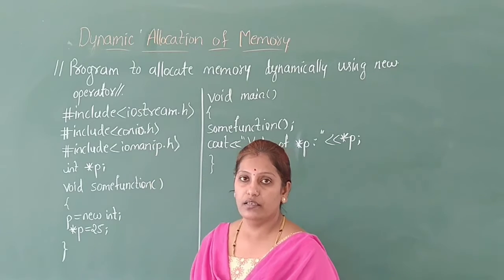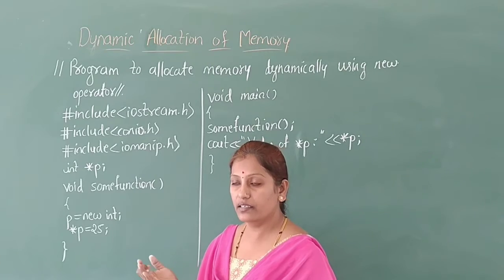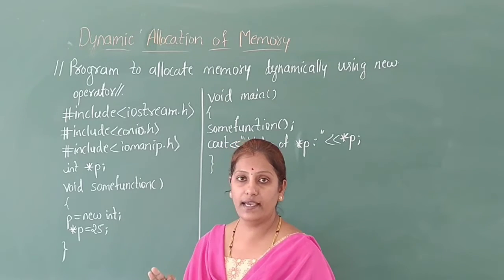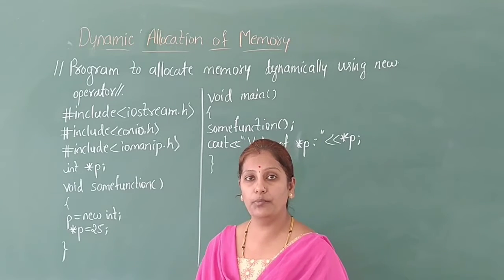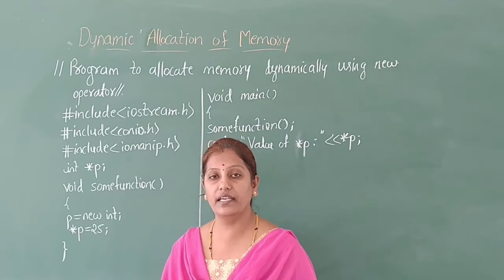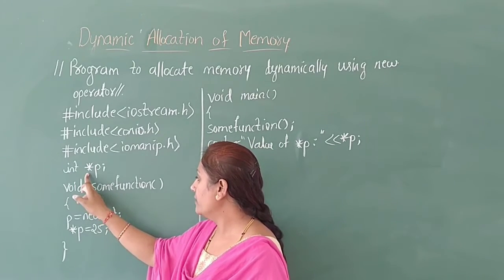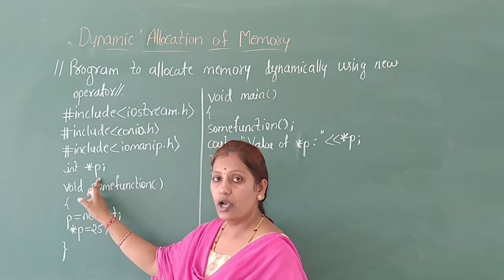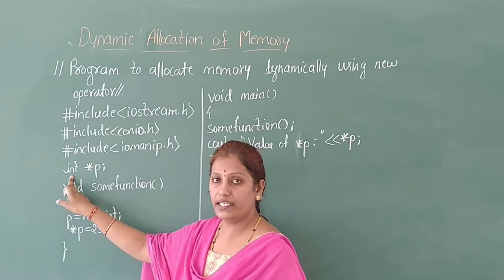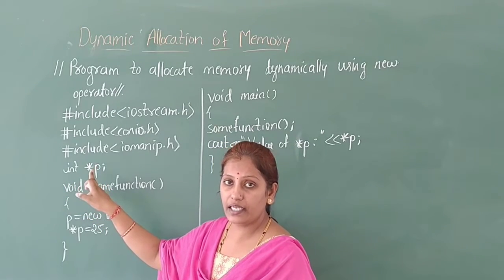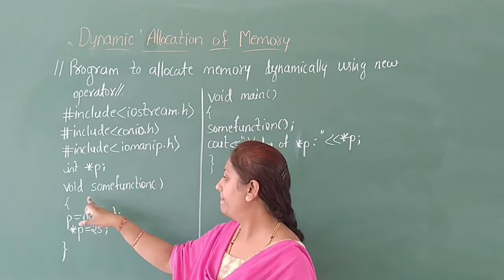First it connects all the input output devices to the program file and executes the cin and cout statements defined in the program and the manipulators declared in the program. In int *p, it creates pointer variable p with the data type integer, meaning indirectly it is going to hold an integer value.